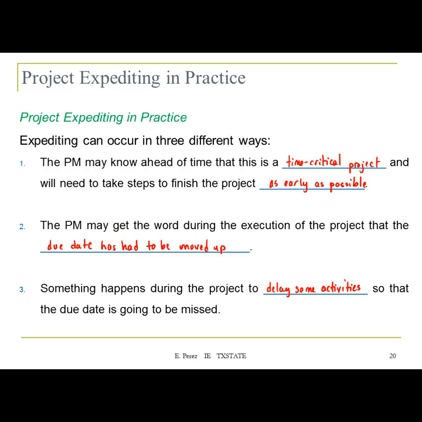So these three ways or situations can force you to try to expedite the completion of your project. And those are the three scenarios that you will find mostly in practice. So if you end up trying to complete your project early or crash your project duration, it is because one of these three things might happen.